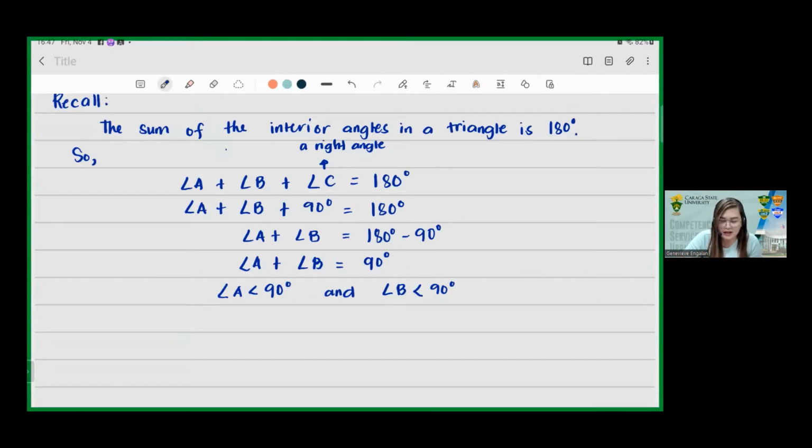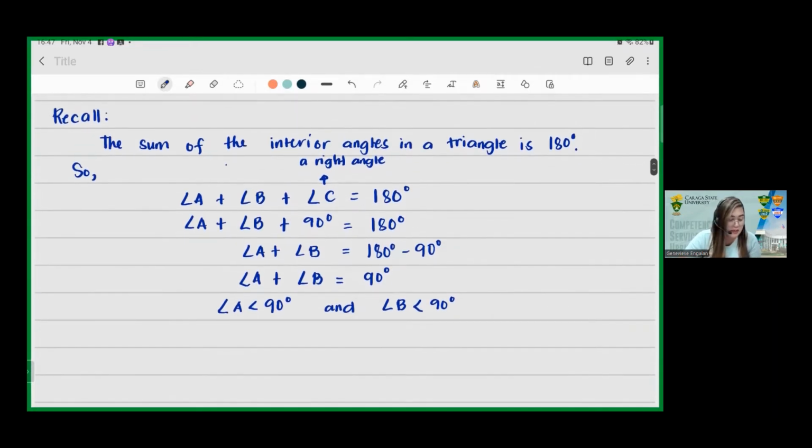Acute, ma'am. Okay, acute angle. So angle A and angle B are acute angles.